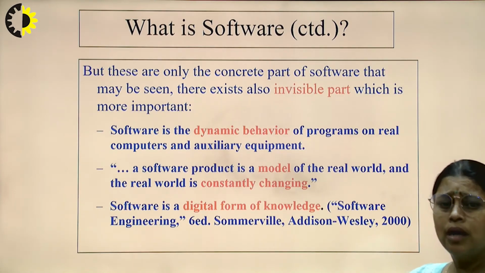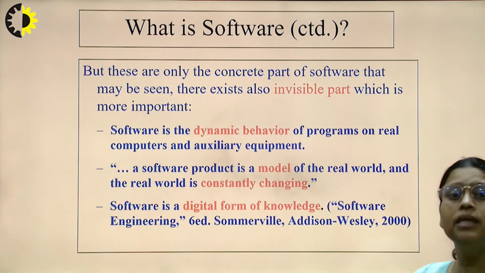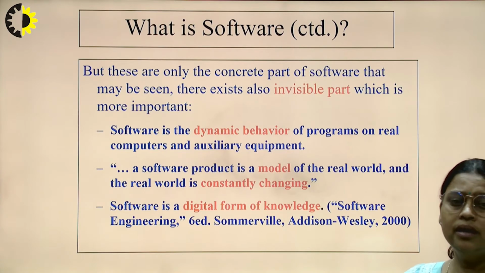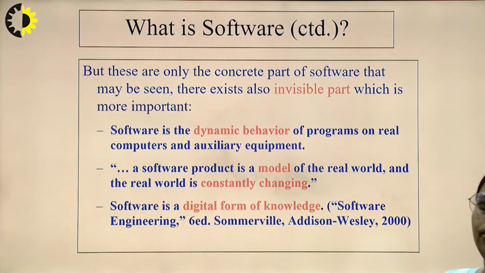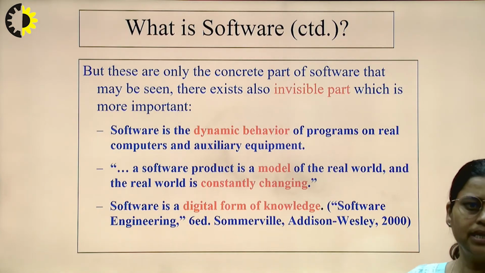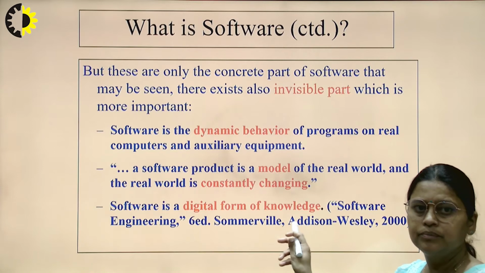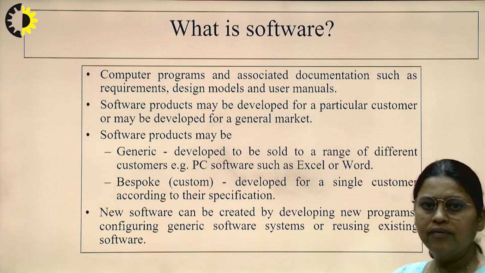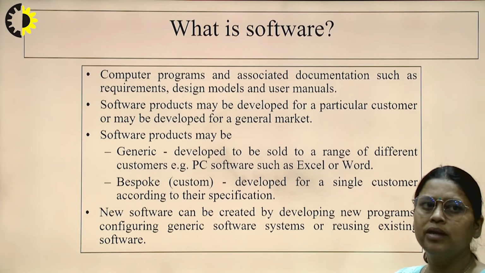The third thing about software is that it is a digital form of knowledge, which means everything is in digital form. We never keep things in physical or manual form. All the things are contained in digital form in the software. Another definition of software is computer programs and associated documentation.